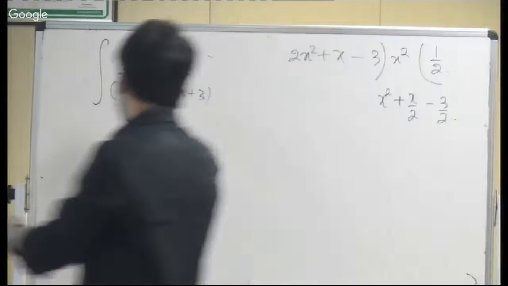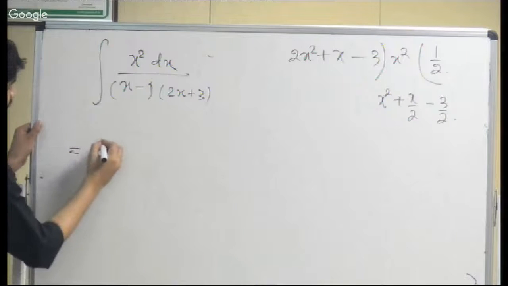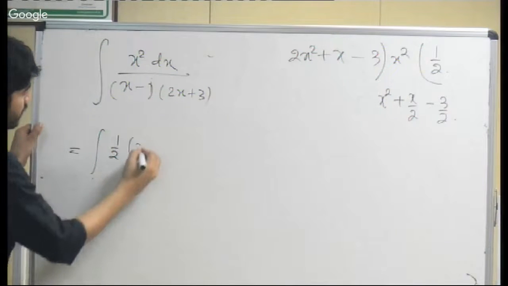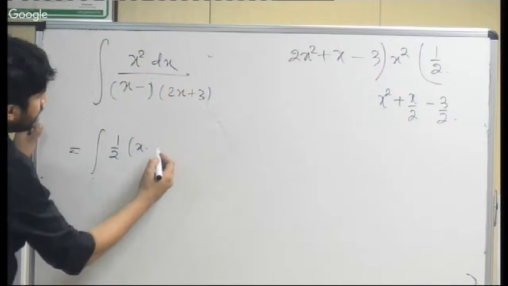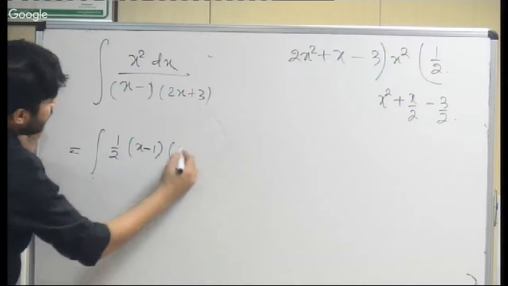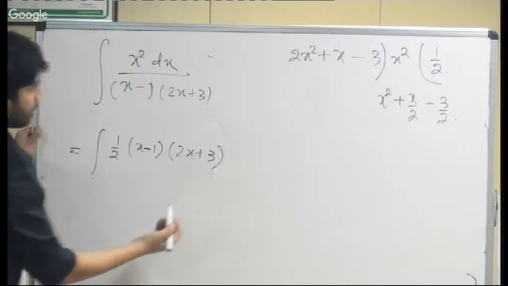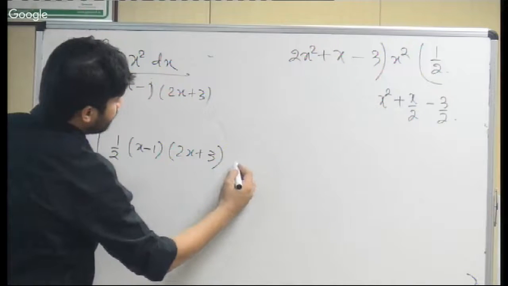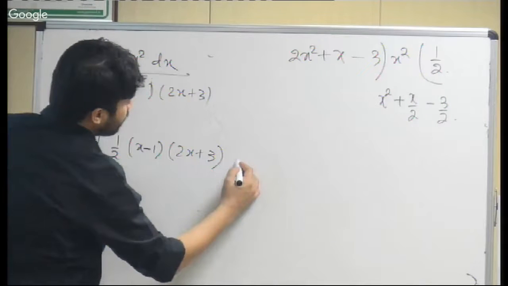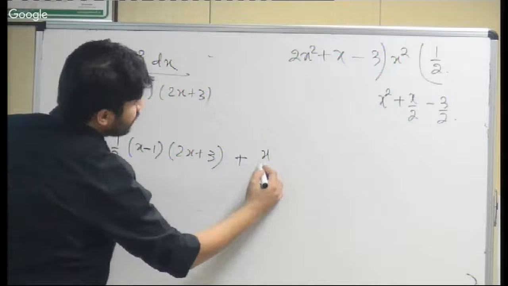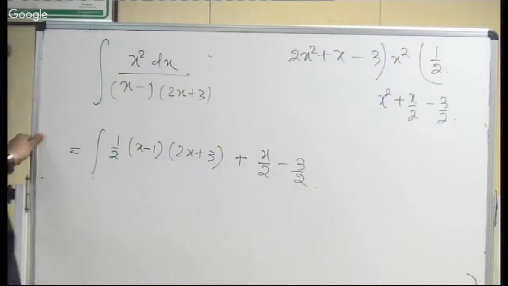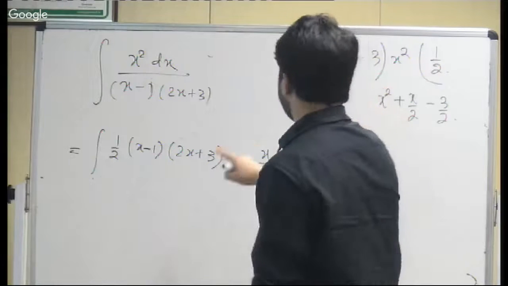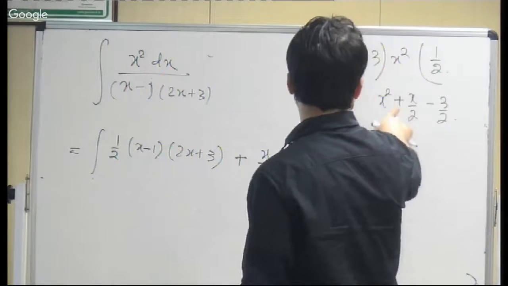So I can write my above expression as half into (x minus 1)(2x plus 3) plus x by 2 minus 3 by 2, half into this.